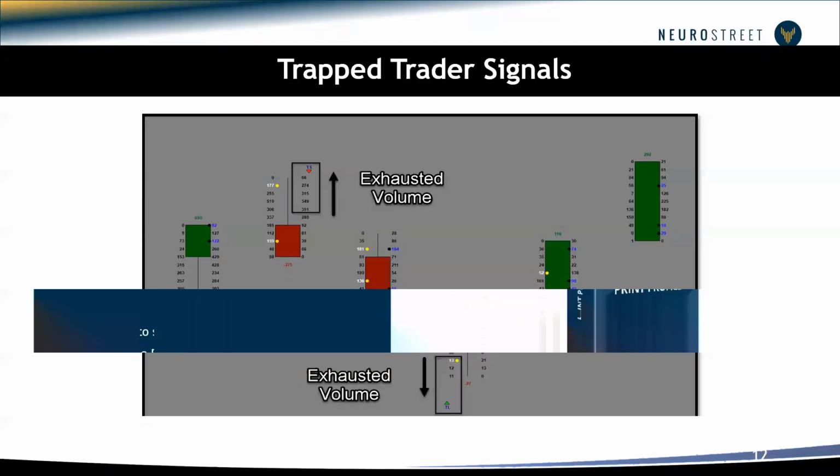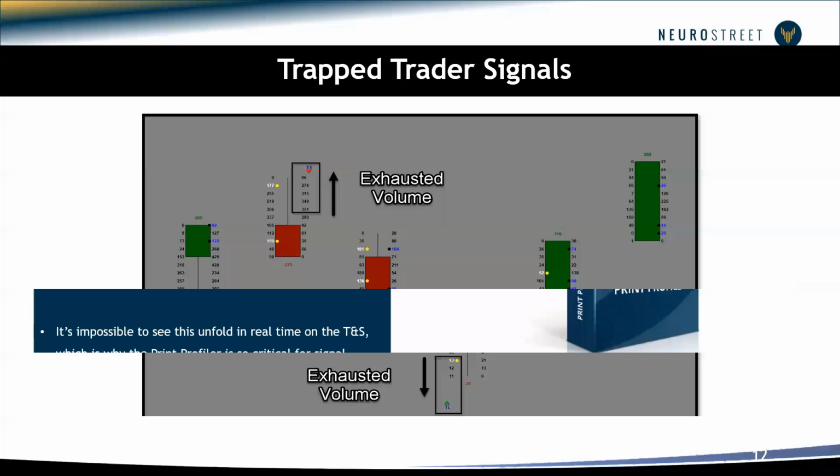Exhausted volume is when buyers or sellers try to drive prices lower or higher, but they can't, and they get stuck at the highs and lows of price. A lot of times you'll see these on pullbacks or at the beginnings of reversals, and you really don't know if it's going to be a directional shift unless it's at areas of interest.